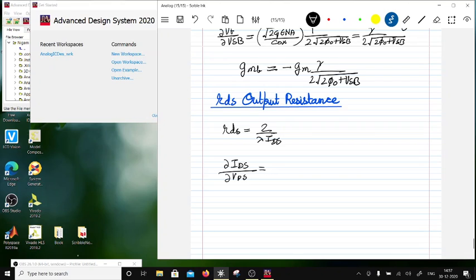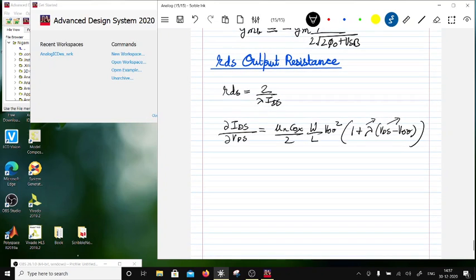So in this case it will be μn Cox by 2 W by L times (VGS minus VT), that will be overdrive, square, times 1 plus lambda times (VDS minus Voverdrive). Now in this case lambda is a function of VDS and this term is a function of VDS, so you have to do differentiation by parts.